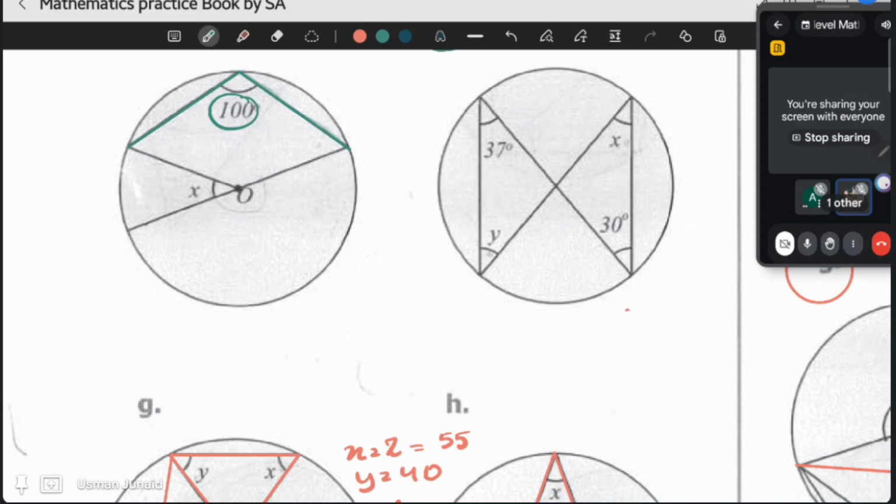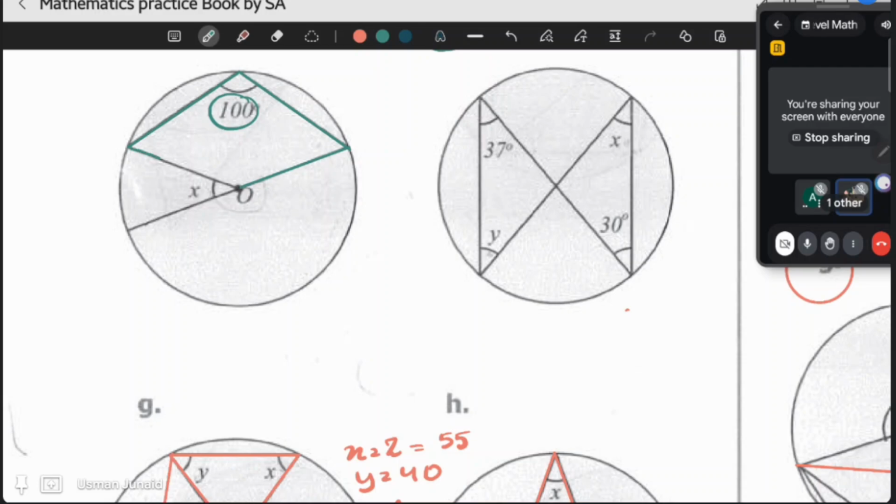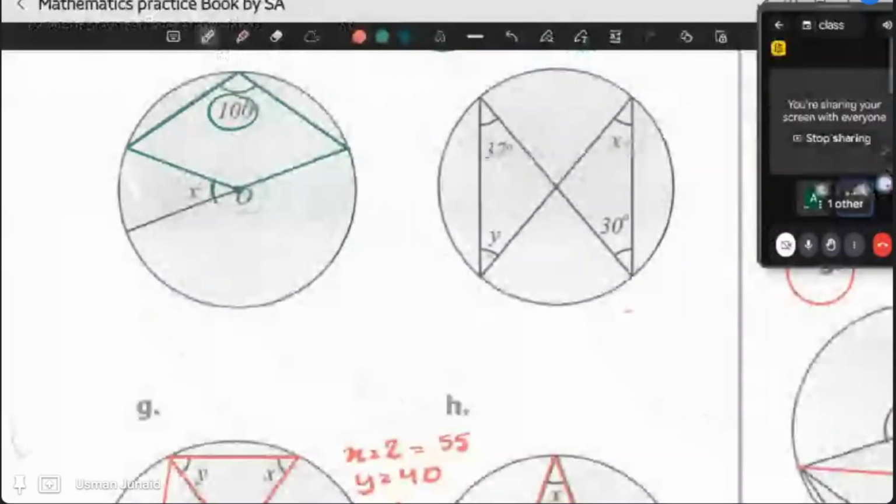So the angle at the origin is twice of that. Will it be 200? तो ये 200 हो जाता है.